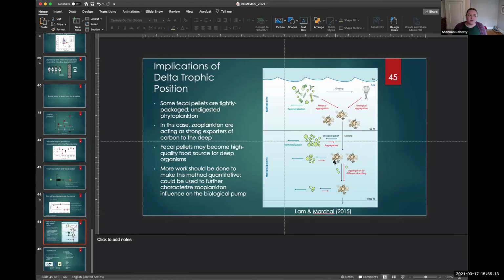The zooplankton that we have from the study were all collected at the surface during the night, which would mean that they are a mix of the zooplankton that are living at the surface and the zooplankton that are migrating up to the surface.